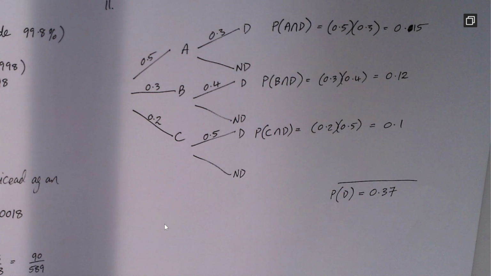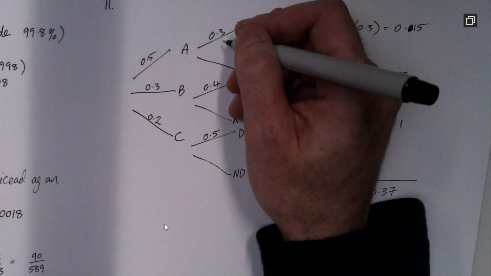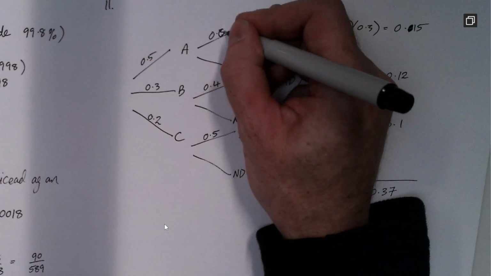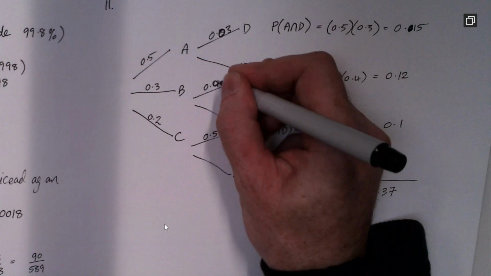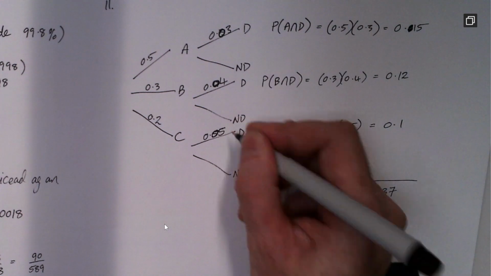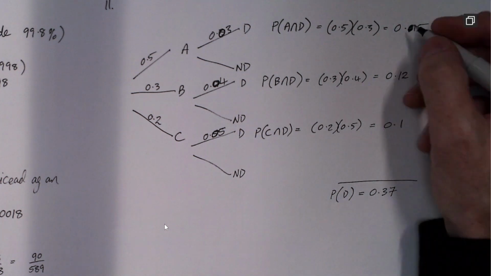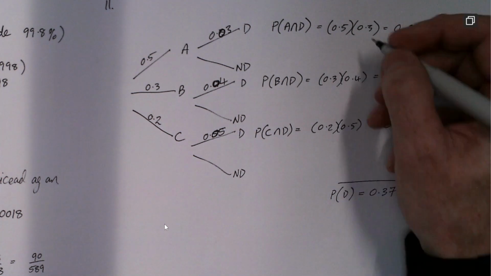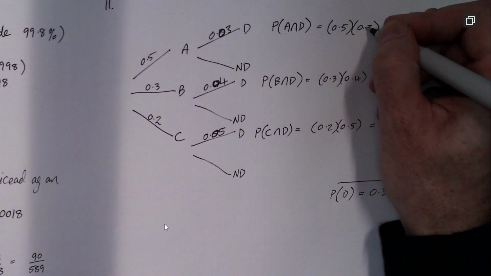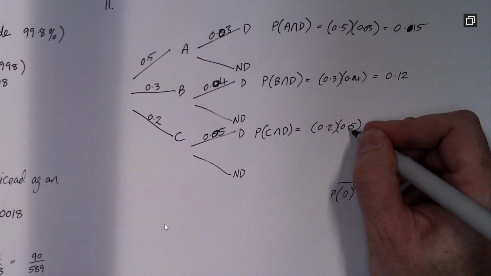Oh, sorry, mistake. It's 30%, so it should be 0.3 times 0.03, 0.04, 0.05.